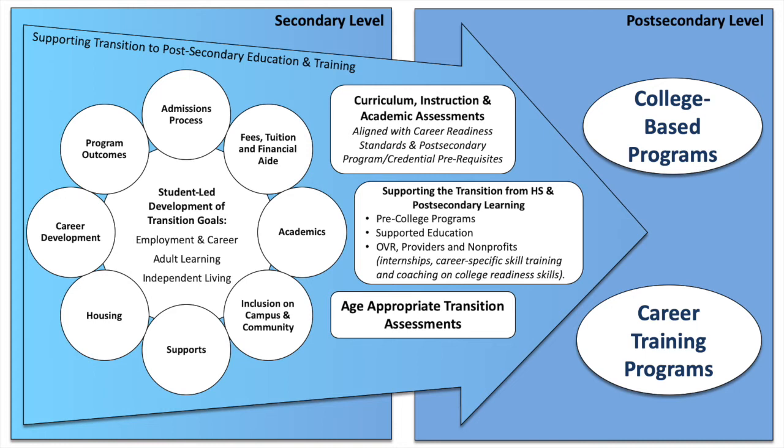Taking an evidence-based approach to supporting young people in their transition from high school to post-secondary education and training begins in high school with youth, families, and stakeholders working together to identify post-secondary goals for employment, adult learning, and independent living. And we know that these goals are strongly reliant on one another, given that education influences an individual's career options, which then further influences their independent living goals.